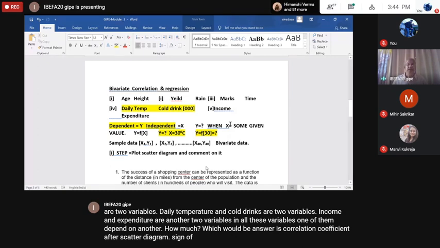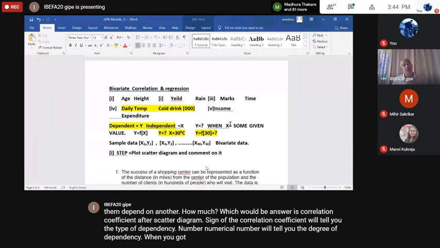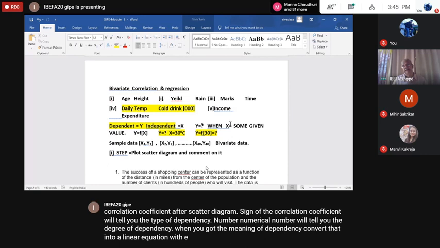Sign of the correlation coefficient will tell you the type of dependency. Numerical number will tell you the degree of dependency. When you got the meaning of dependency, convert that into a linear equation with E. That is regression.